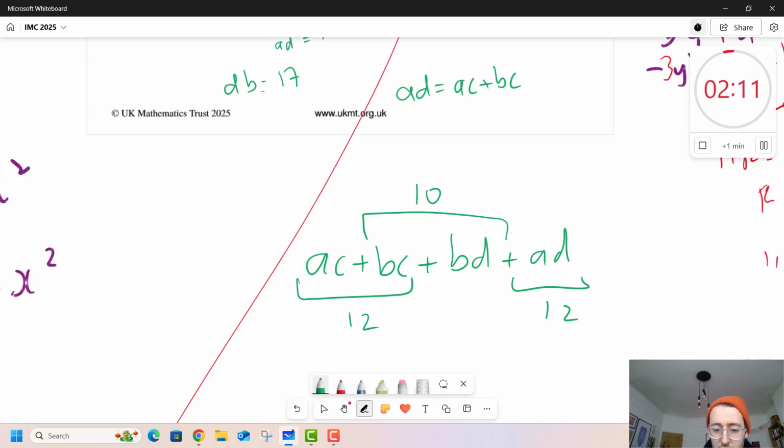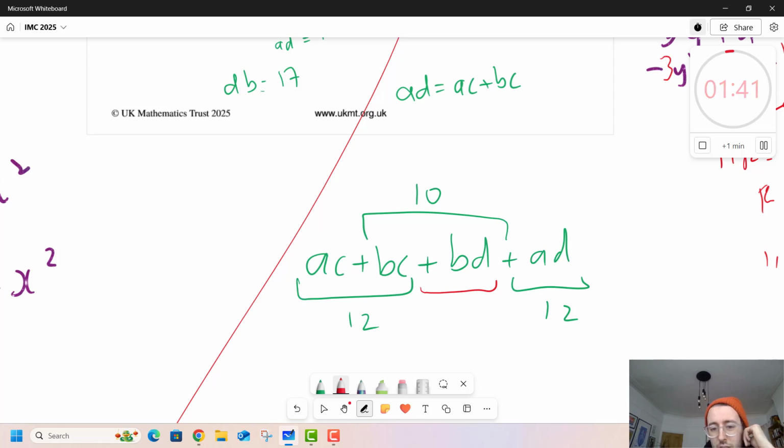So what does that mean? Well, it means that this bit, that's 22, but there's 2 of those. I mean, 7, 5, and 5. It could be anything. Oh, I'm out of time.